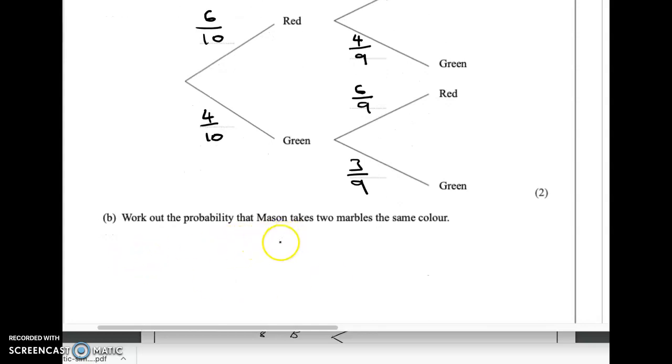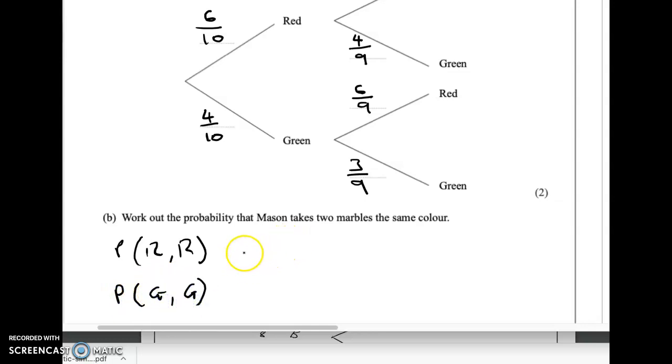Work out the probability that Mason takes 2 marbles the same colour. So that's going to be the probability that it's red and red, or the probability that it's green and green.